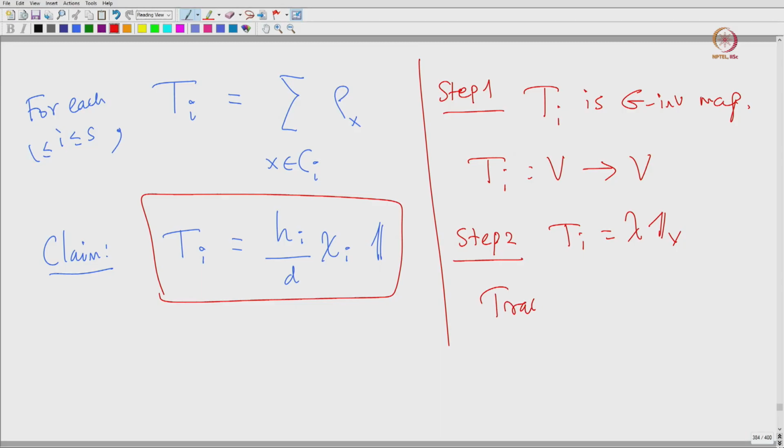The trace of T_i is going to be the dimension of V times lambda, but the dimension of V is nothing but d, the degree of the representation. Okay. So, let us assume step 1 and then compute the value lambda.